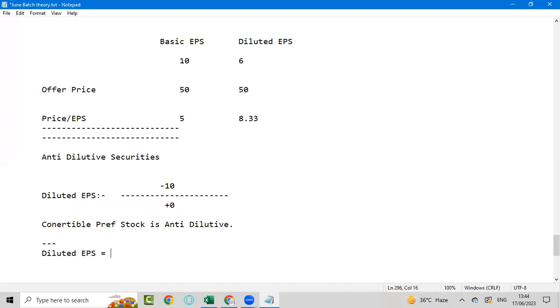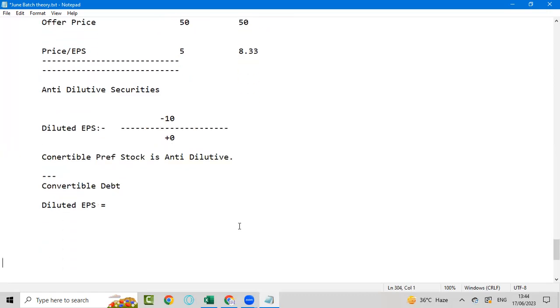Diluted EPS. We are now talking about convertible debt. So what was the effect? We added post-tax interest in the numerator, that was plus 9.